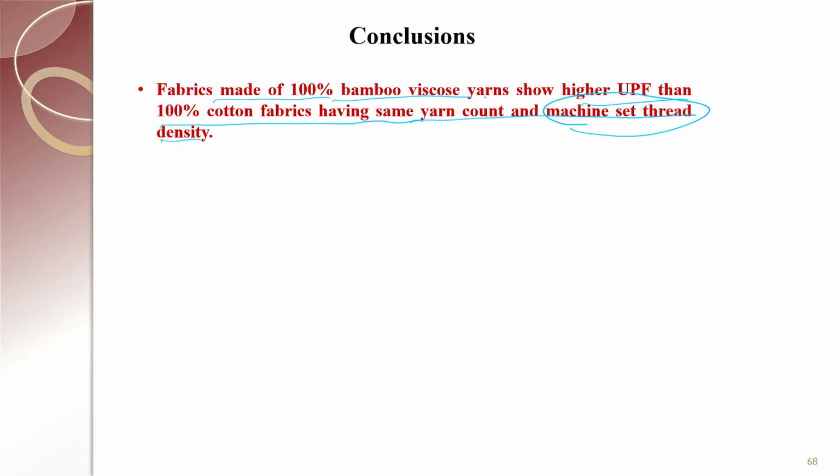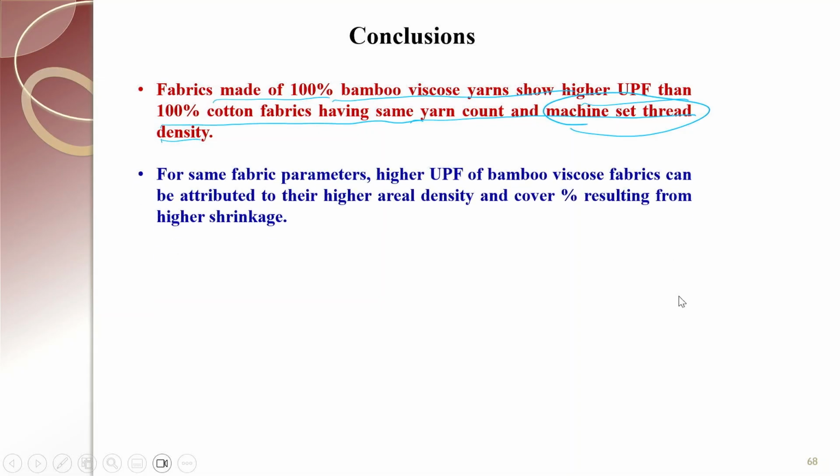So, 100% bamboo viscose shows higher UPF, but actually after washing or after treatment the shrinkage is much more in bamboo viscose. For the same fabric parameters, the higher UPF of bamboo viscose fabrics can be attributed to their higher areal density and cover factor, which results from the shrinkage. So, higher areal density is there in the bamboo viscose fabric as compared to the cotton fabric.